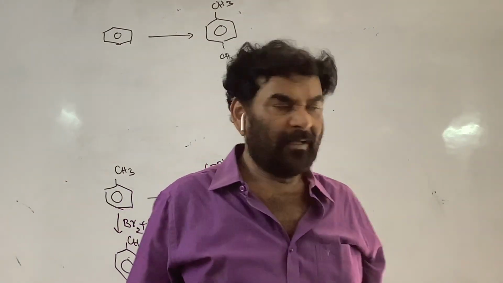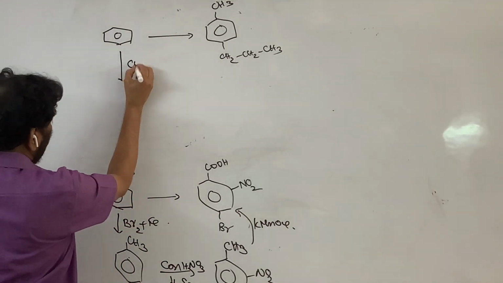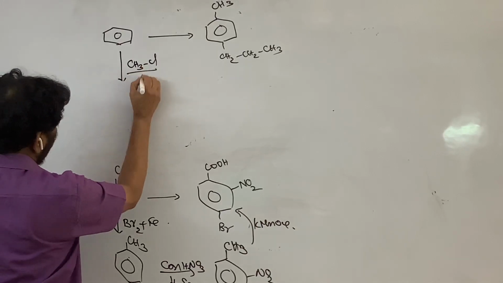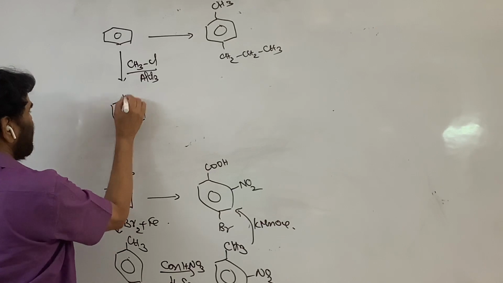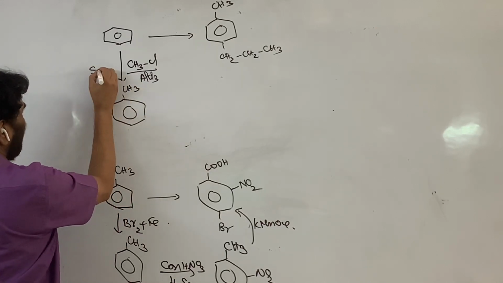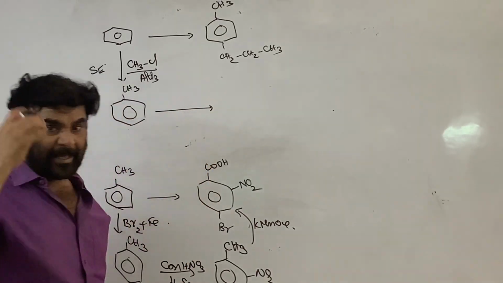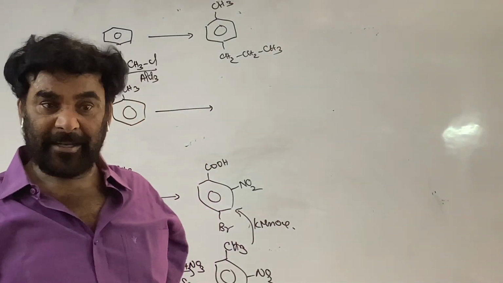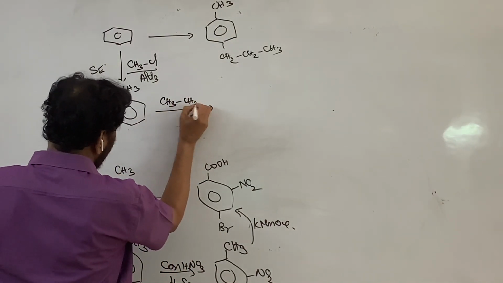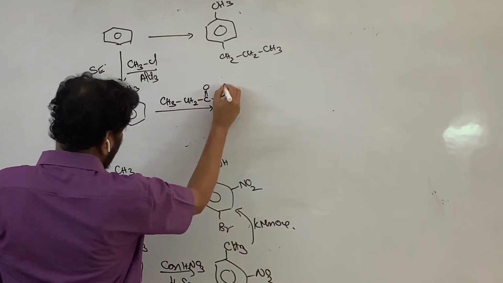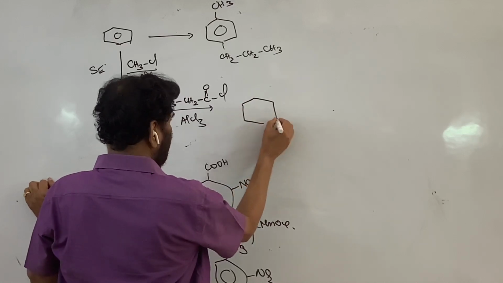You know, treat this with the, and methylation. Methyl benzene is formed through this electrophilic substitution reaction. Now, I am conducting the acylation instead of alkylation, with AlCl3 at the para position.